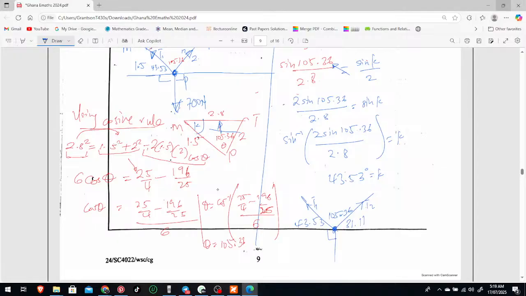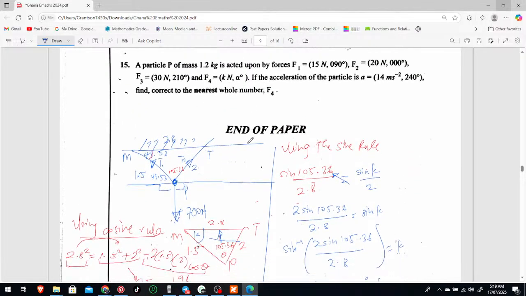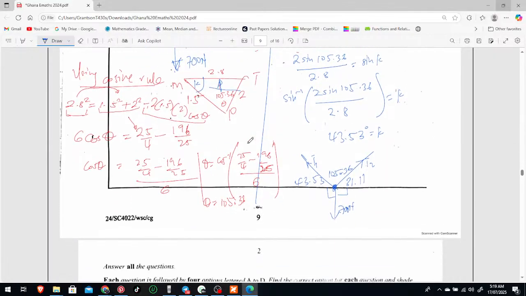Now that we can use the Lami's theorem. Before you use the theorem, you have to know all the angles around the forces. Right, 700 newtons. So this question, you may see it as a simple question, but it takes a lot of time. But let's finish this one.